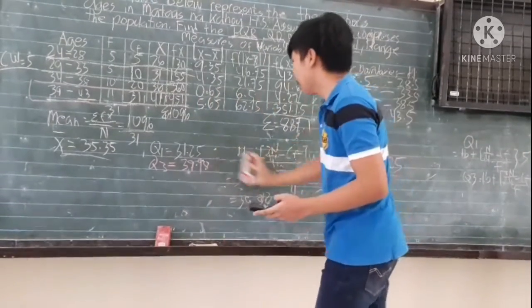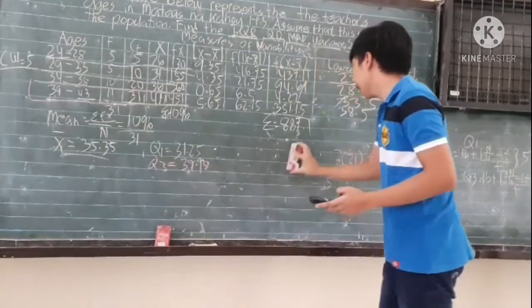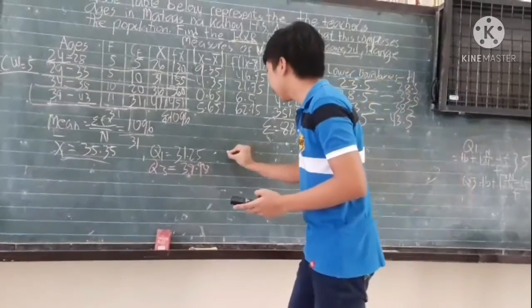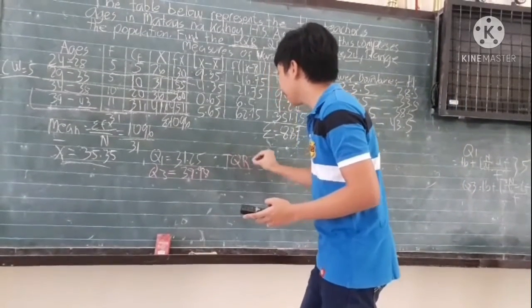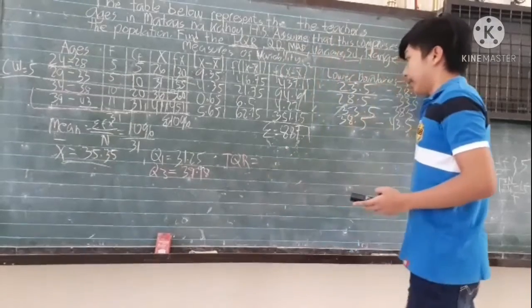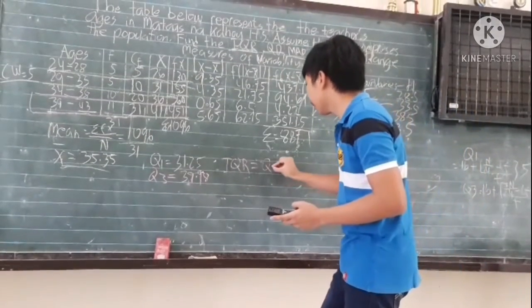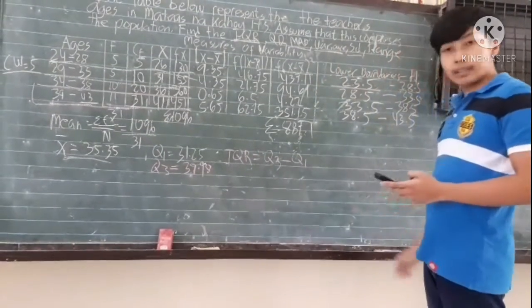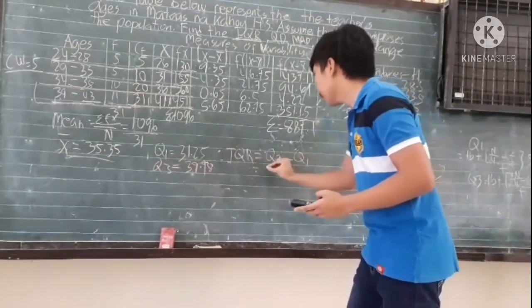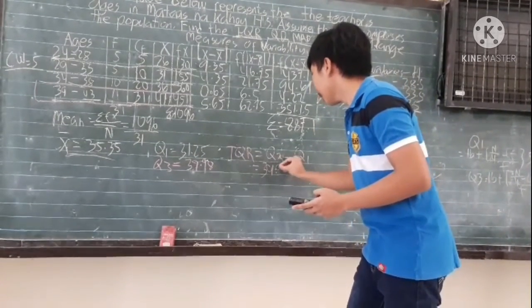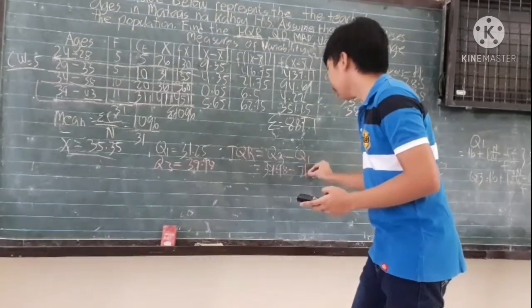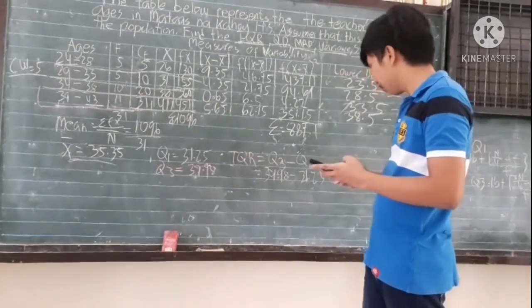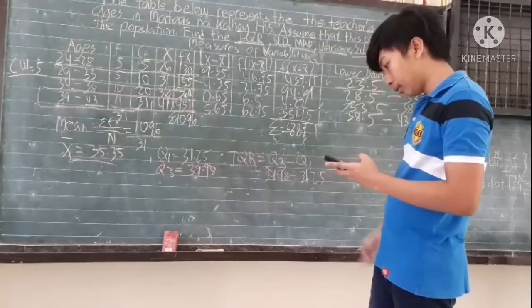So we can compute now for our interquartile deviation or interquartile range. Interquartile range is equal to Q3 minus Q1. So we have here the Q3. 39.98 minus 31.25 is 8.72.